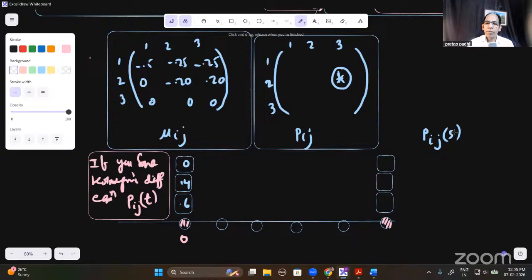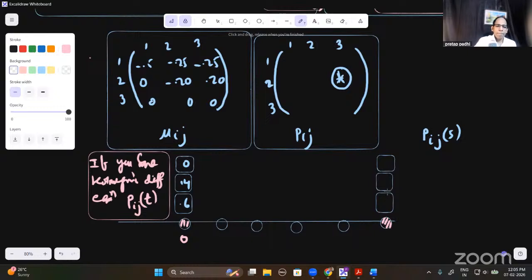So we'll find Pij 5 here. Distribution means all we want. Some persons are here. What will happen after 5 years? That's what you need to find.